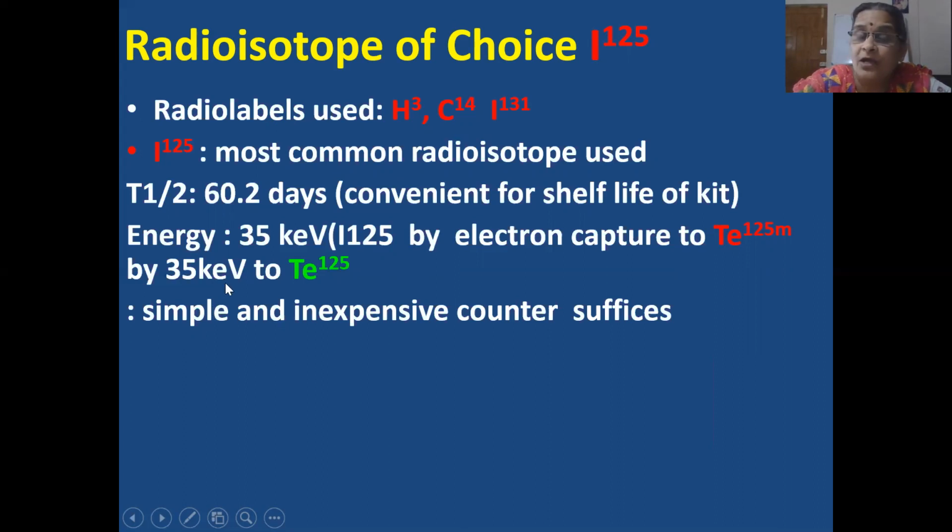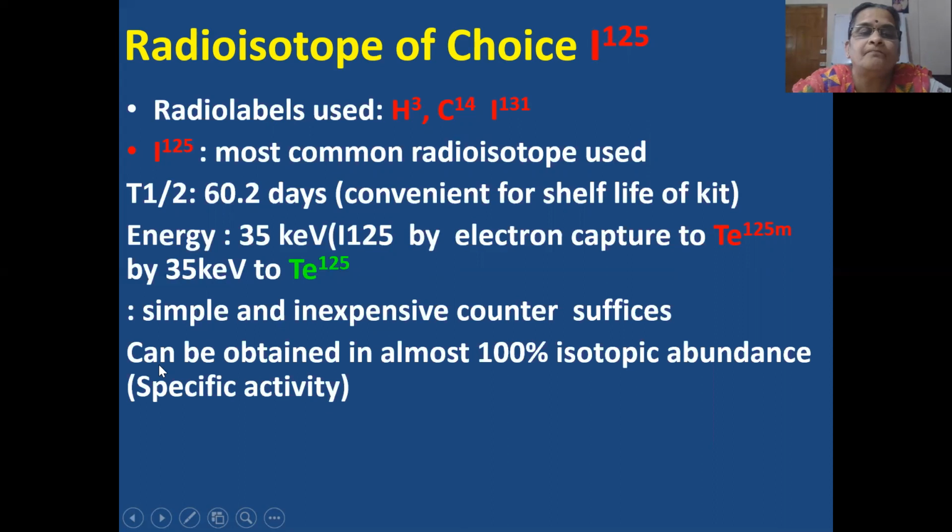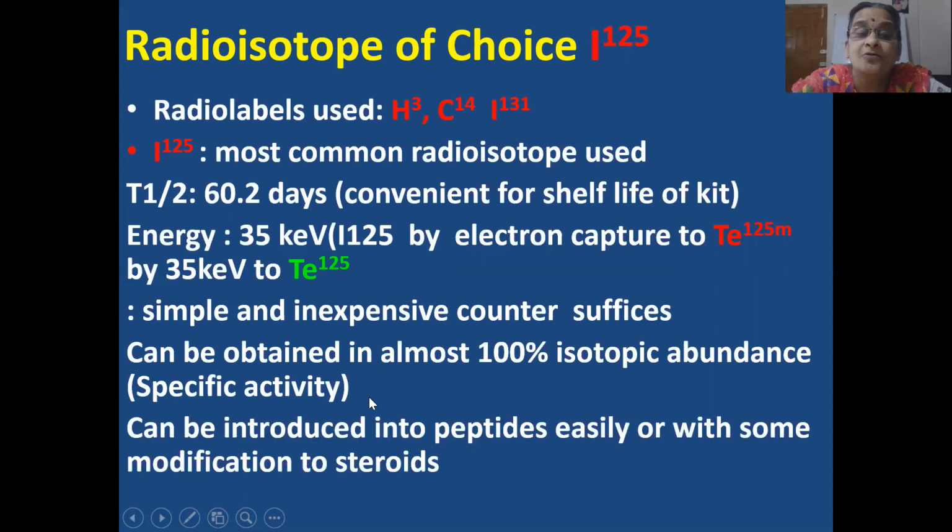Because of such a low keV, a simple and inexpensive counter is needed to count this isotope. It can be obtained in almost 100% isotopic abundance, that is, high specific activity per unit mass, and it can also be introduced into peptides very easily, or with some modification into steroids.